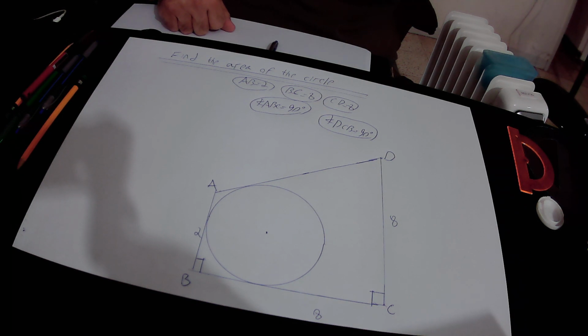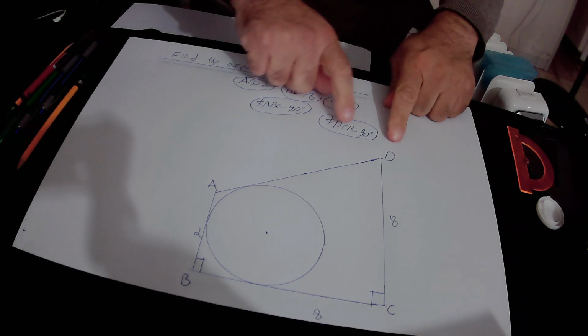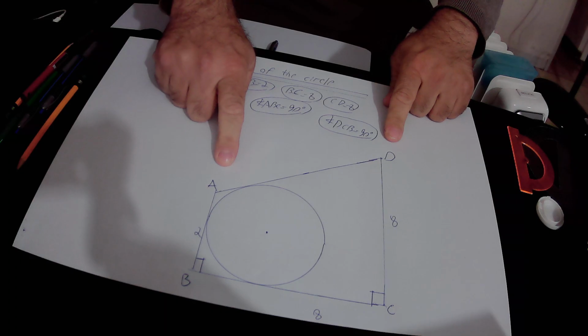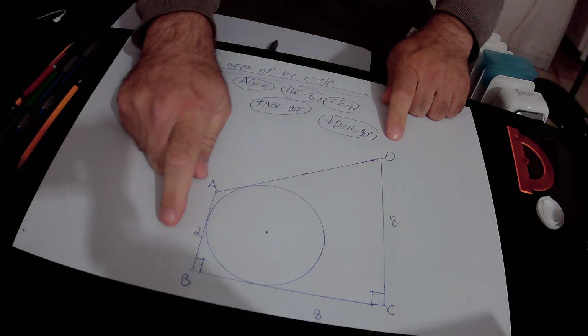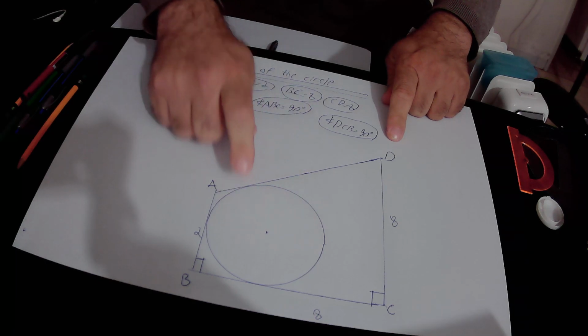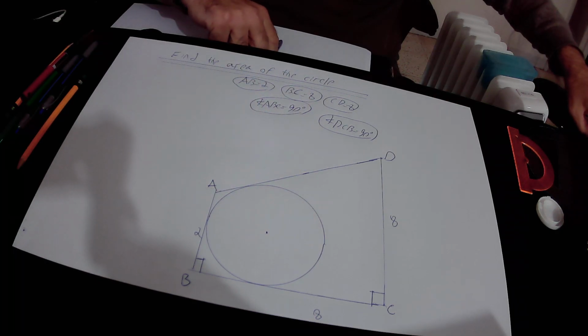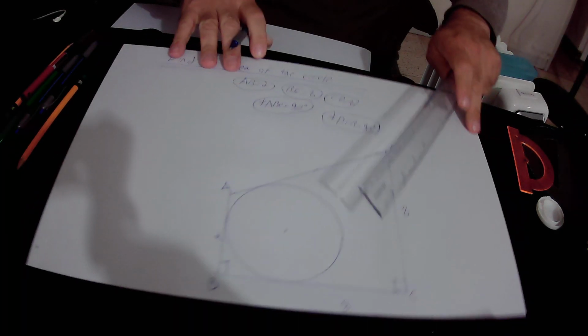So, first of all, we will do construction. We will extend side DA and side CB until they touch each other.